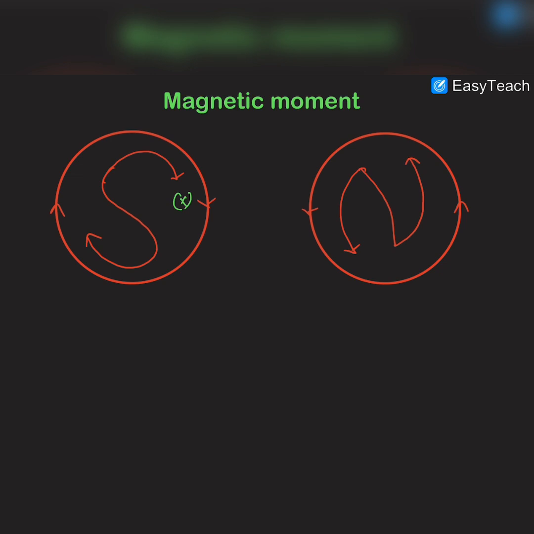Which means that if we again consider a bar magnet, inside the bar magnet the field is from south to north, so if we are observing the bar magnet from this point, then the field is going inside, okay, and therefore we are observing a south pole. And if we are observing the bar magnet from the other end, then the field is coming outside and therefore we are observing a north pole.